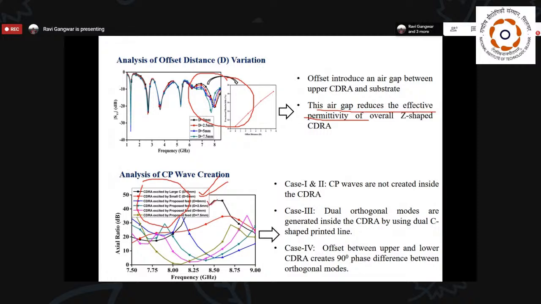But in the proposed structure, we are able to generate dual orthogonal modes inside the CDRA by using the C-shaped printed line. When we create the offset distance, the 90-degree phase difference condition between the orthogonal modes is completely established. That is the reason we get perfect circular polarization for the higher order mode, that is, the dielectric resonator antenna or DR band.